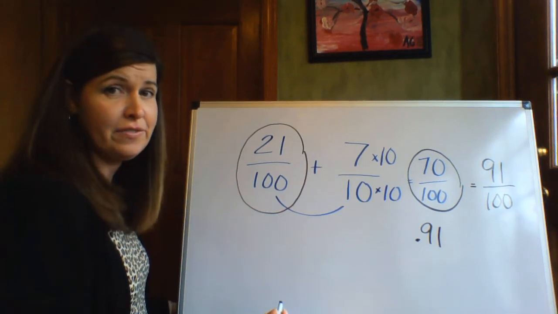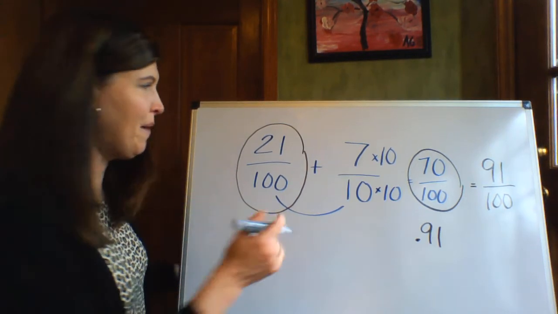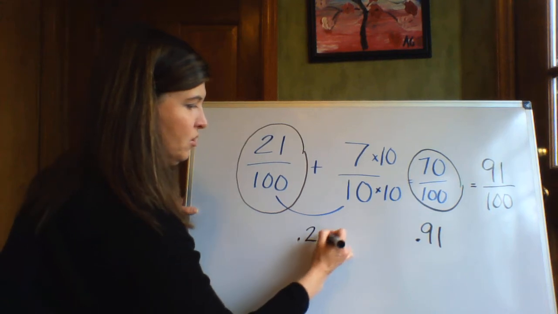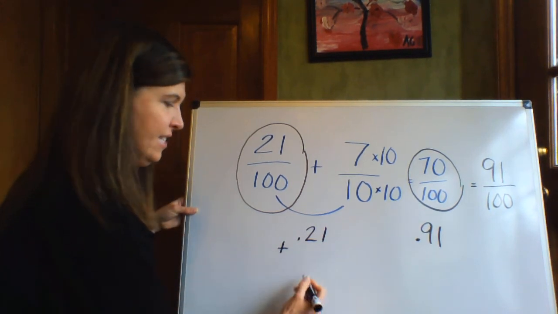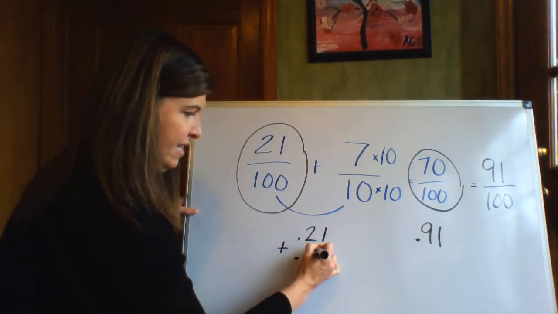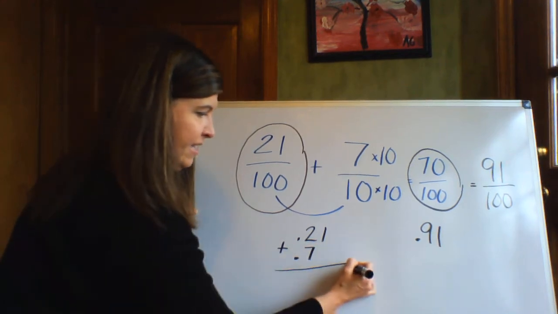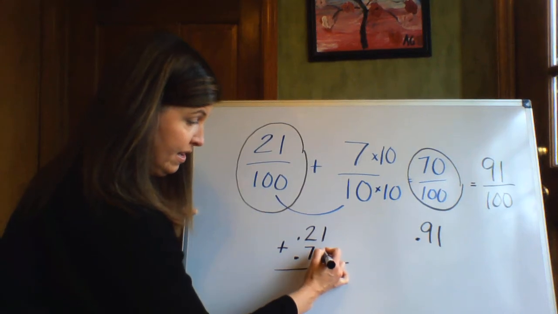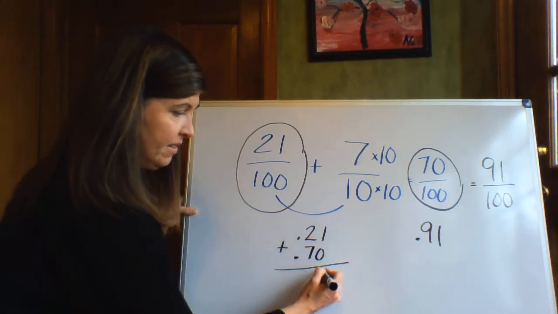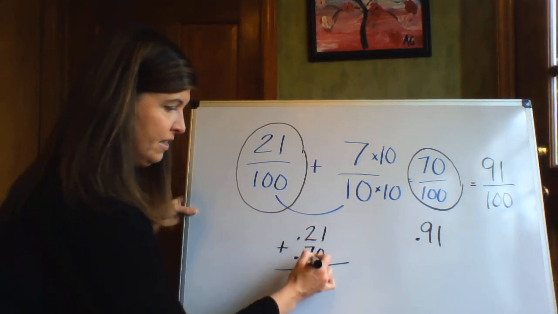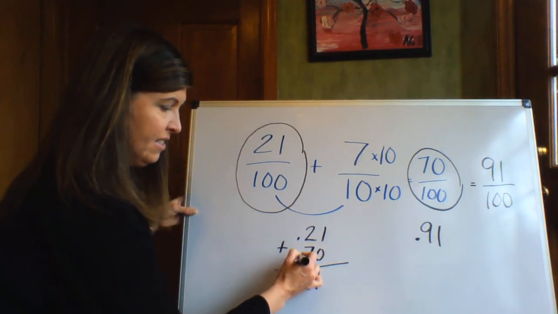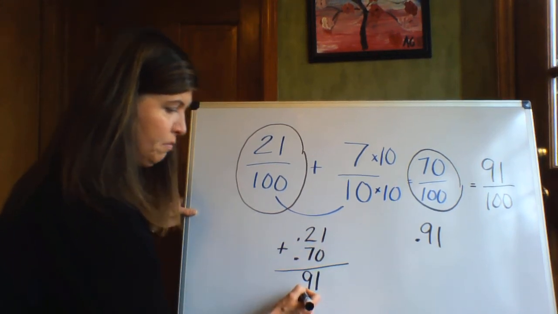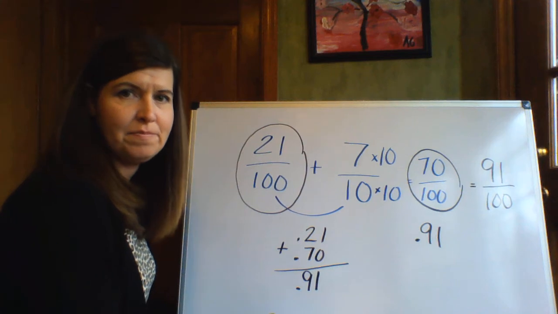Could I add that down as a decimal? You bet. 21 hundredths plus 7 tenths. I know this empty space is going to be a 0. 1 plus 0 is 1. 2 plus 7 is 9. And since the decimals are perfectly lined up, I just bring them down.